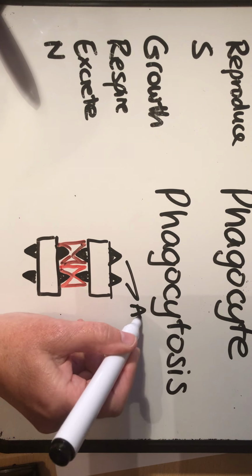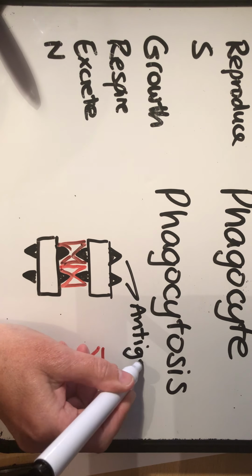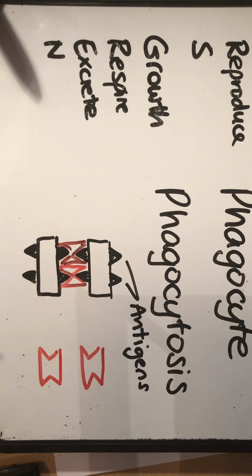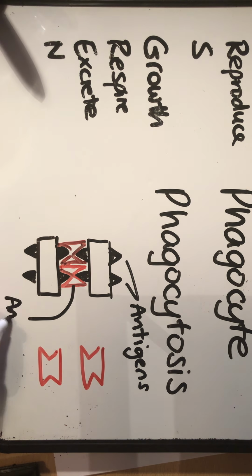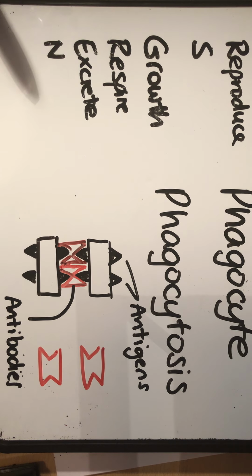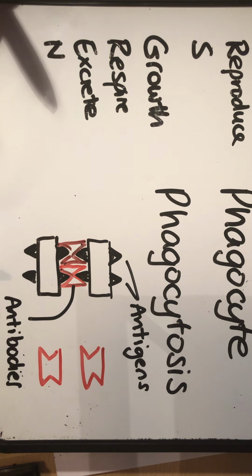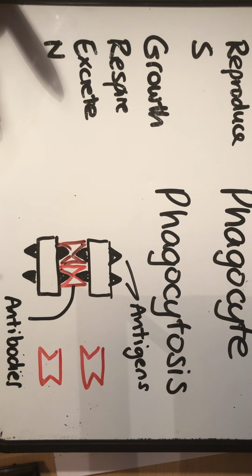These are special markers on the surface. They're called antigens. And your body makes antibodies that are just the right shape to fit on to the antigens.